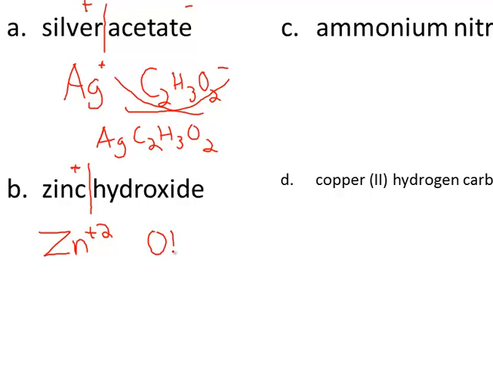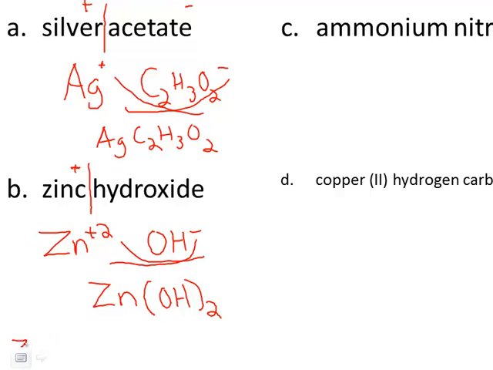Hydroxide, always a -1. So when we crisscross, we get zinc, 1, and 2 hydroxides. We will see this a lot. Please don't do this.